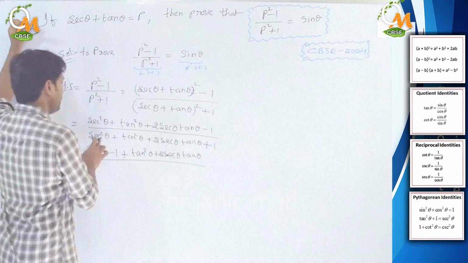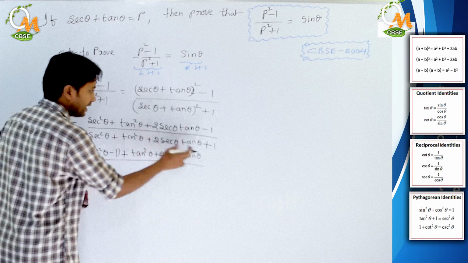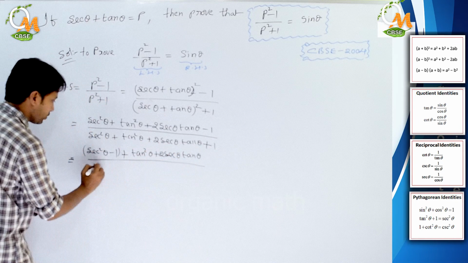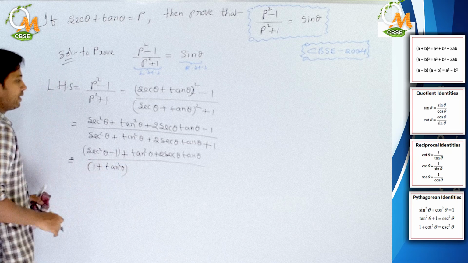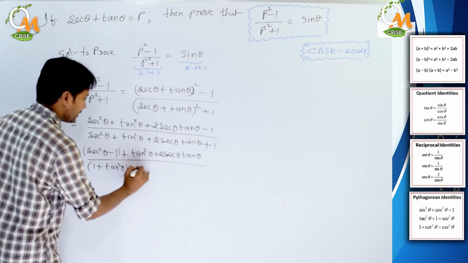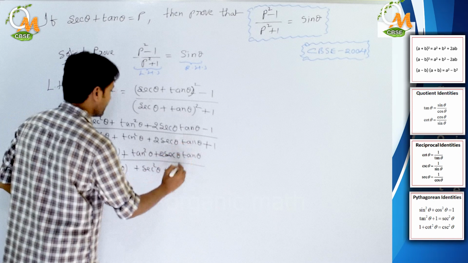Now do one thing here. Consider here in denominator part, group the terms tan square theta and plus 1 first. So 1 plus tan square theta. Okay. Now what are left over? Secant square theta plus here 2 secant theta tan theta.